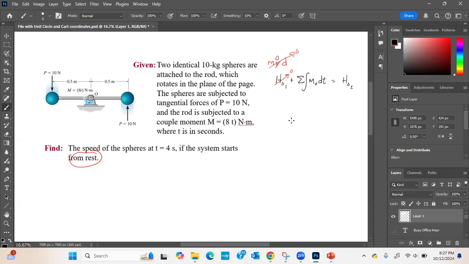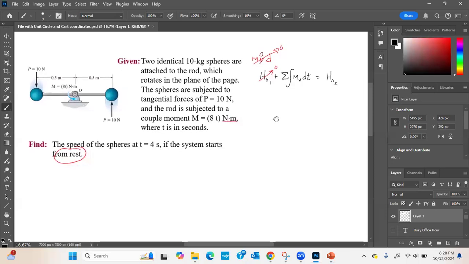And what we really need to pay attention to now are the impulses caused by the 10 Newton forces, as well as the moment on the system over time from T1 to T2. Now we're starting at rest at T equals 0, and we're going to T equals 4.